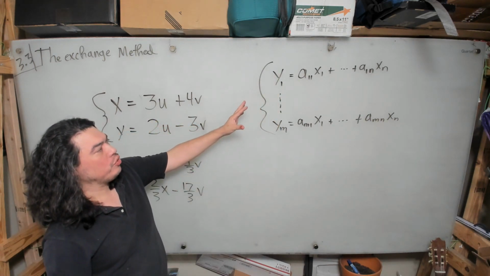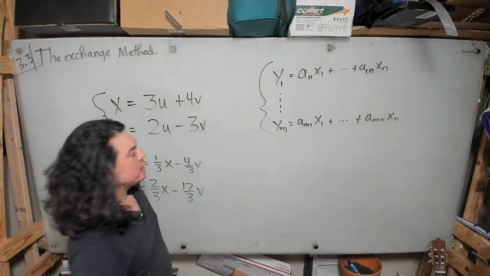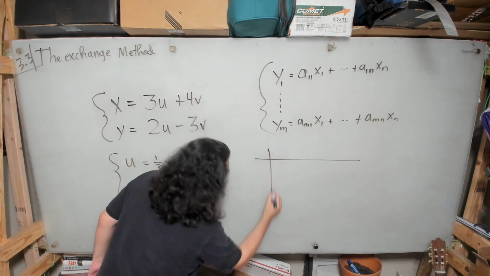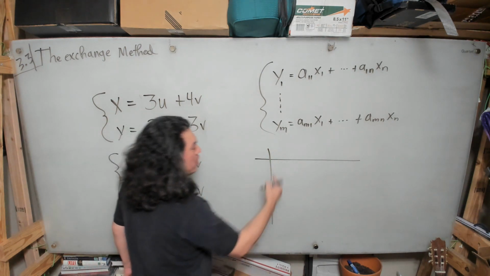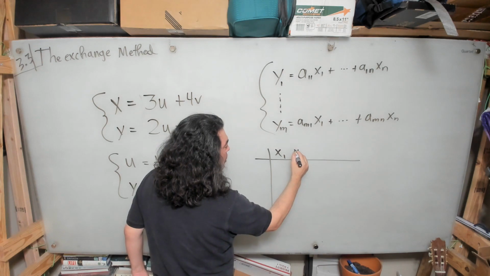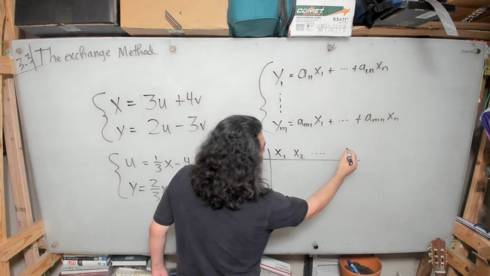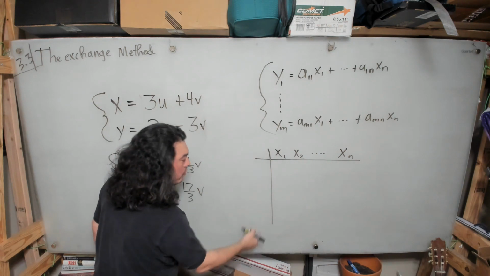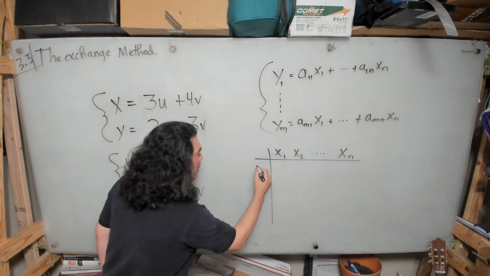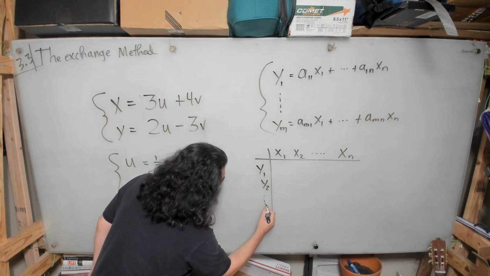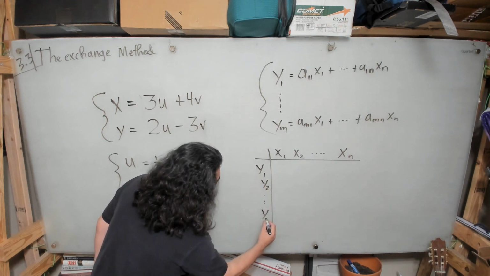And what we can do is we can express this as follows. I can make a horizontal line and a vertical line like this. In these columns, I'm going to put my variables x1, x2, all the way to xn. And in this column, I'm sure you guys are already getting it, you're going to see the y1, the y2, dot dot dot, ym.